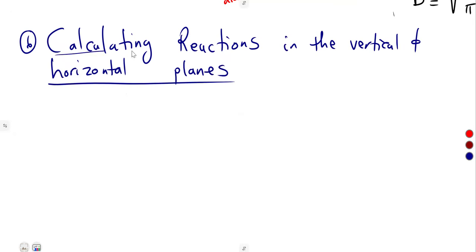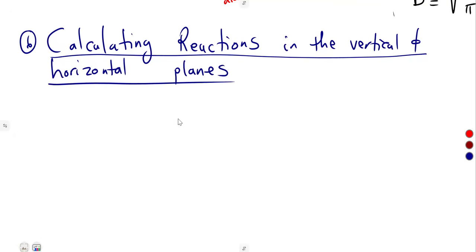So it's an important aspect to be considered. Calculations made on reactions, which is calculating reactions in vertical and horizontal planes.